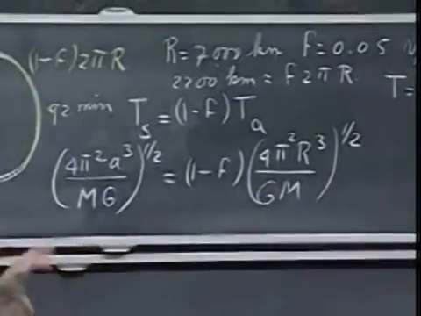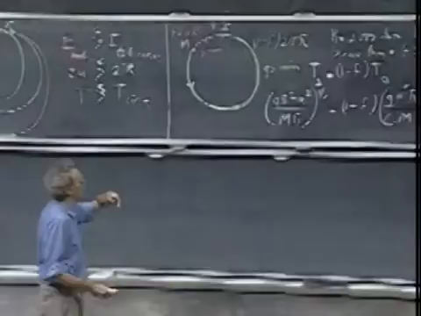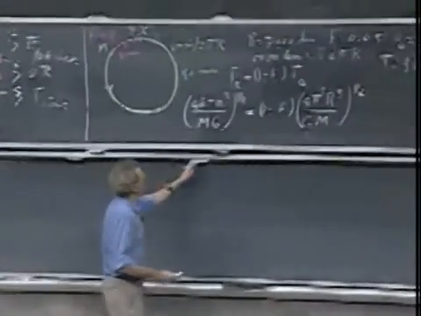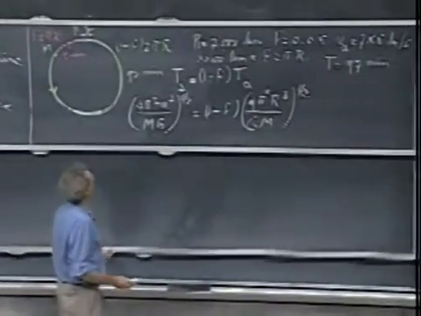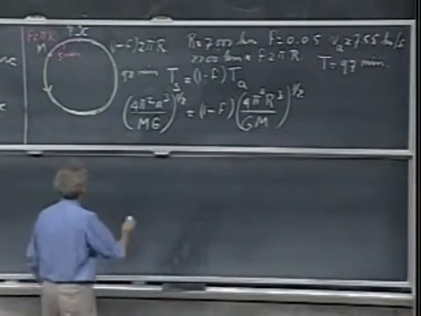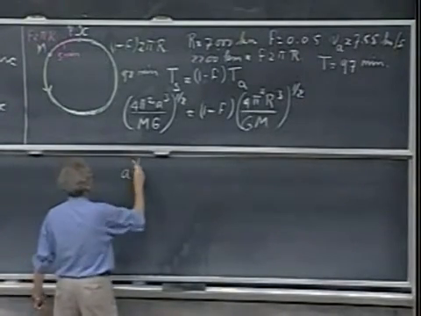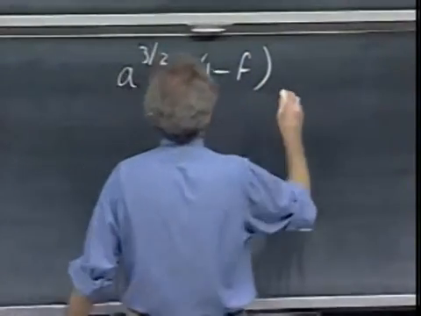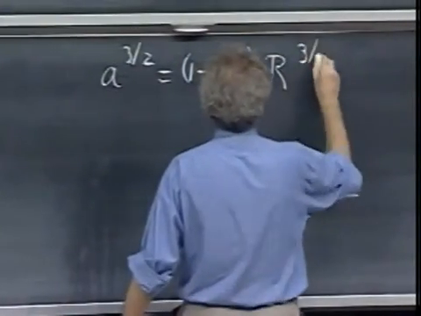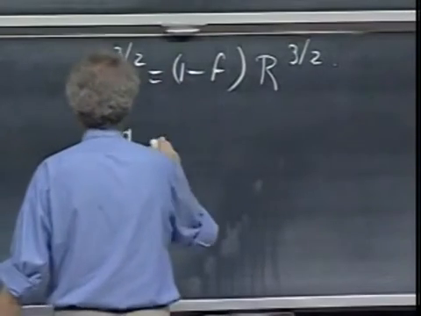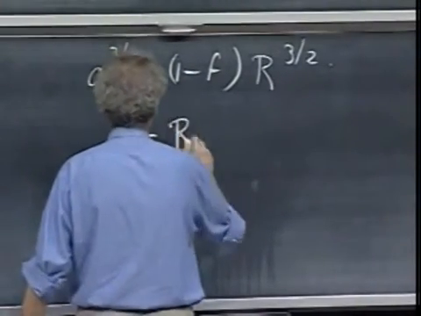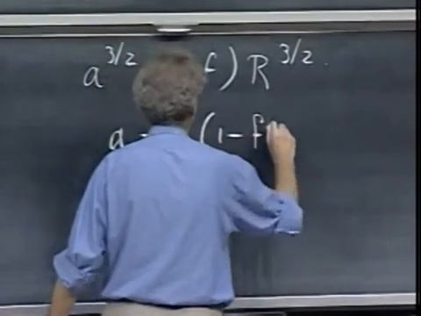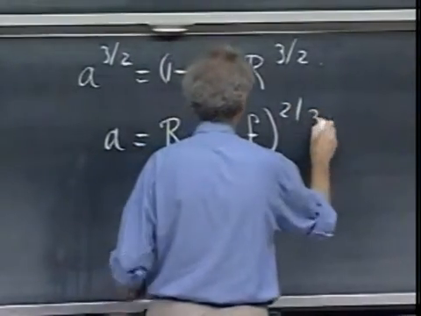Look, we lose M, we lose G, we lose 4, we lose pi. What we don't lose is a to the power 3/2 equals 1 minus f times r to the power 3/2. So a equals r times (1 minus f) to the power 2/3.